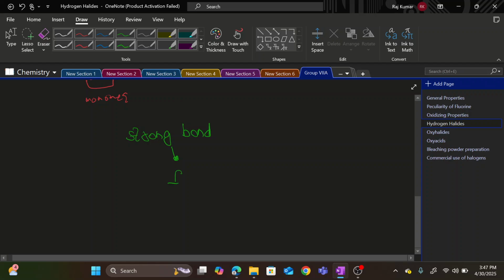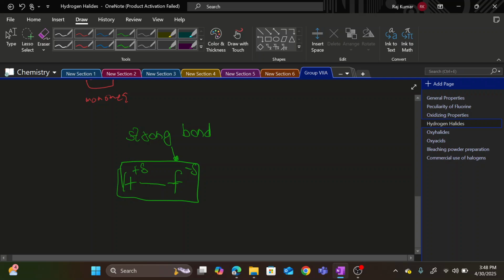Why? Because fluorine has a high electronegativity and hydrogen has less electronegativity, so the electronegativity difference is pretty high, which makes the bond stronger.